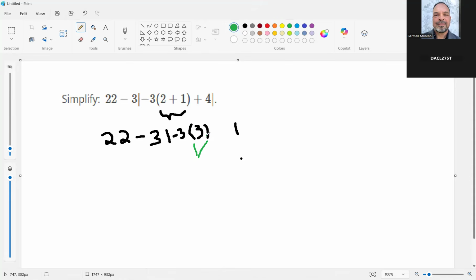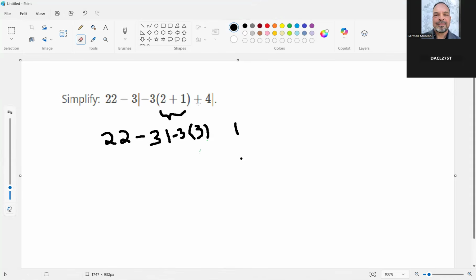Okay, so I've done what I needed to do inside the parentheses, and now I have just the standalone 3 that I'm going to need to do something with. It's going to be multiplication, but we'll deal with that in a second. Actually, that's what we're going to do next.